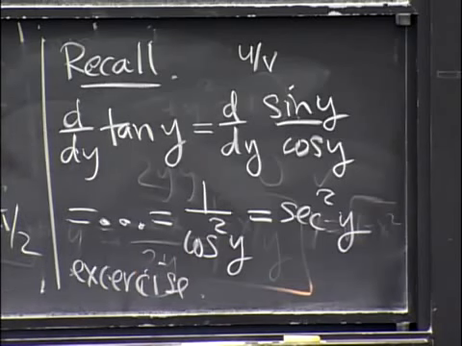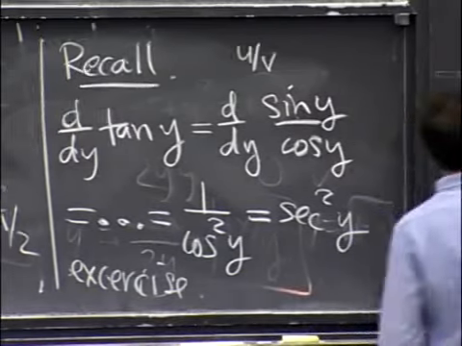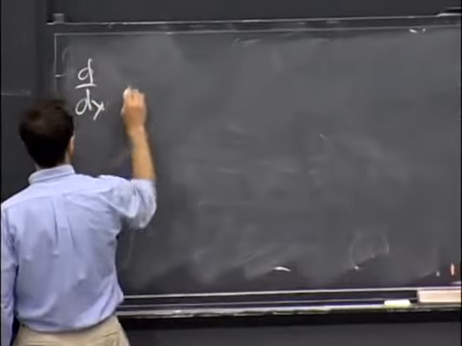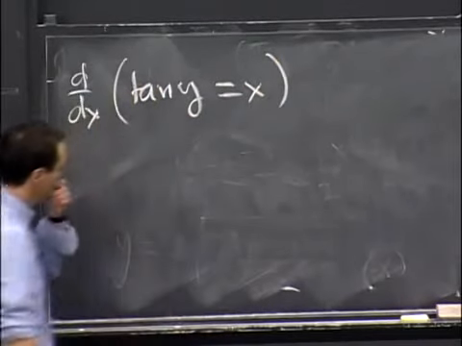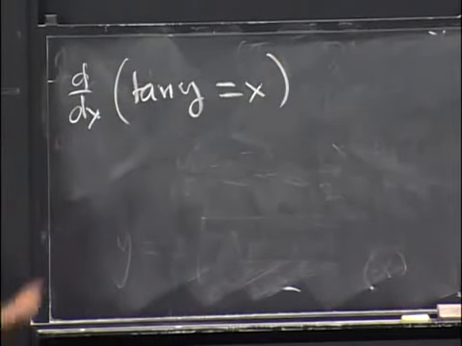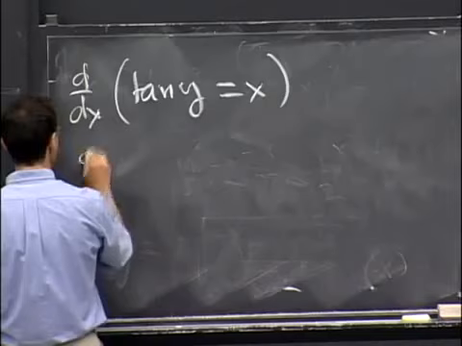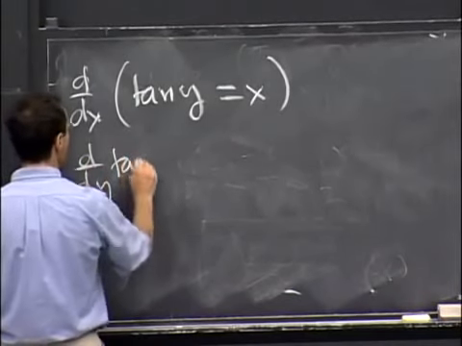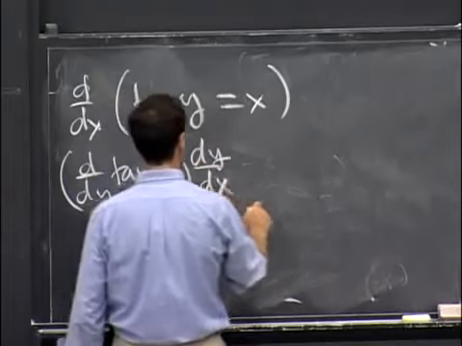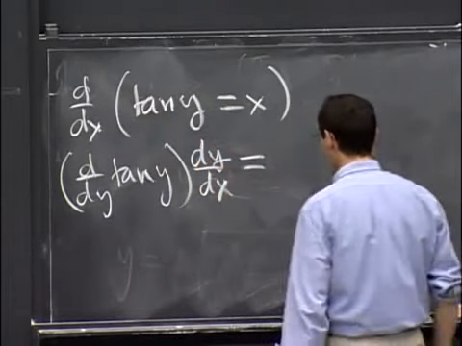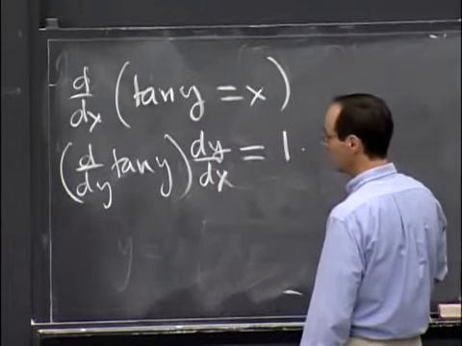Okay, so we need that ingredient, and now we're just going to differentiate our equation. And what do we get? We get, again, d by dy tan y times dy dx is equal to 1.